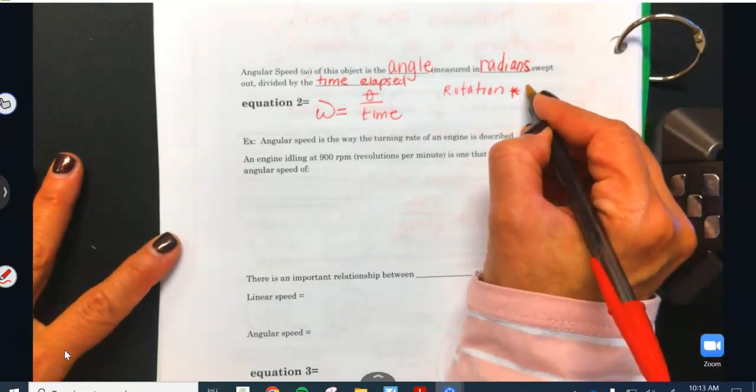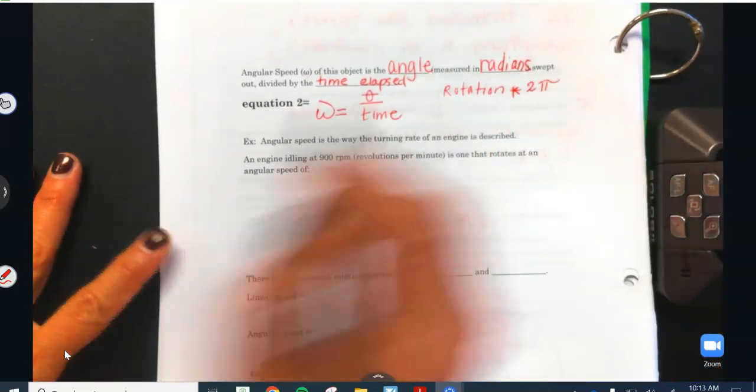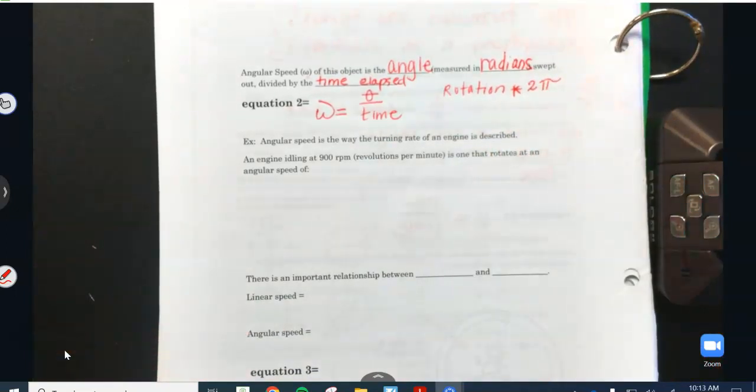So we're going to take rotation and we're going to multiply it by 2 pi. All right, and if any of y'all are in auto tech, this is applicable to auto tech. Angular speed is the turning rate of an engine is described.